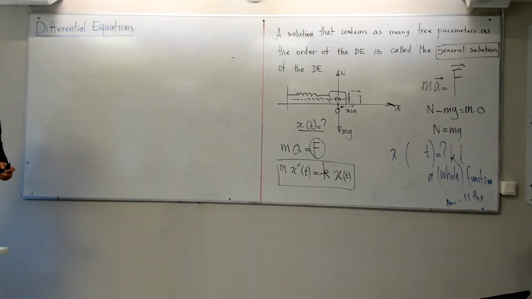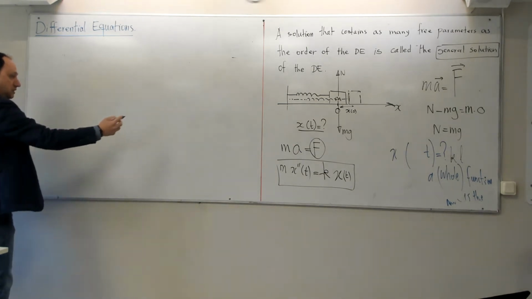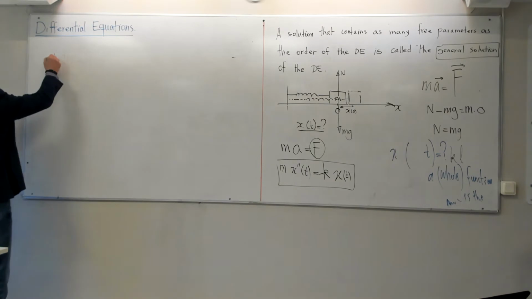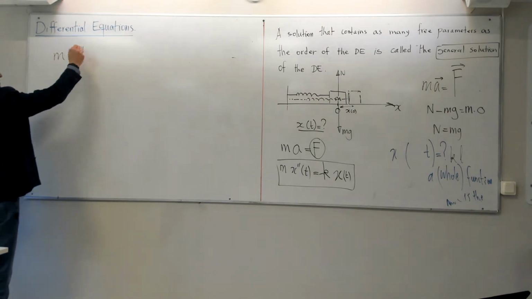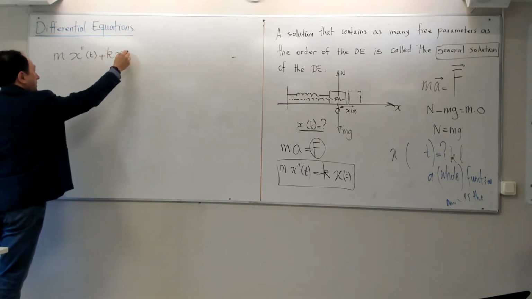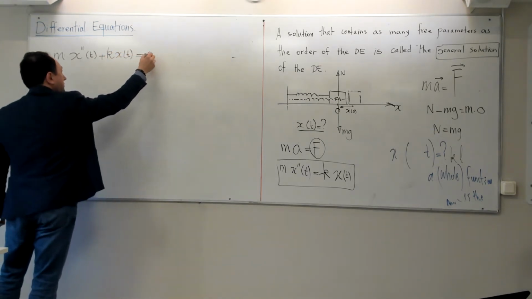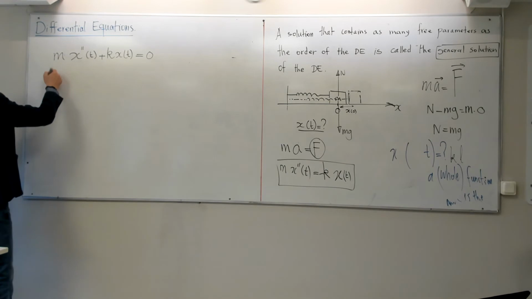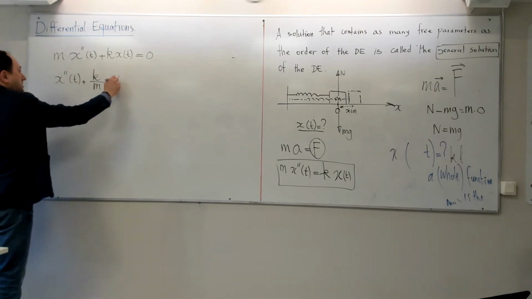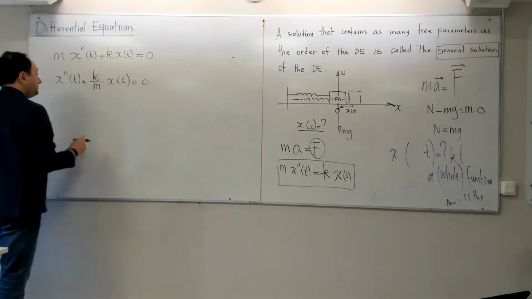And now, let me write this in a little bit nicer way. The way that in physics people do that, they bring it to the left. So this becomes m x double prime of t plus k x of t equals 0. And then usually they divide by m. And this becomes x double prime of t plus k over m x of t equals 0.